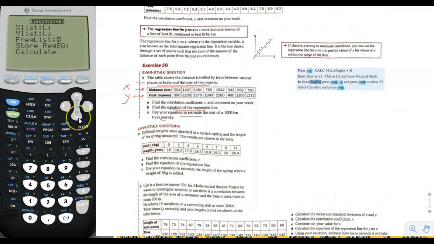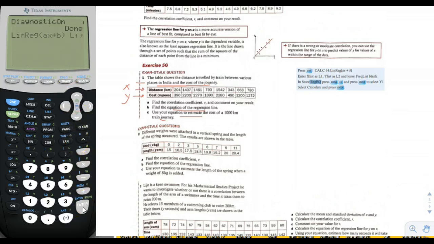Okay, store regression equation. I want to put this equation into my y equals memory. So the way I do that is I do alpha F4, which is this one here, and then I say, oh, I want to put that into Y1, so I click on Y1, and then I press calculate.